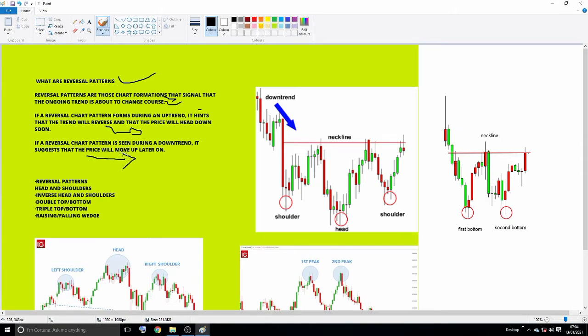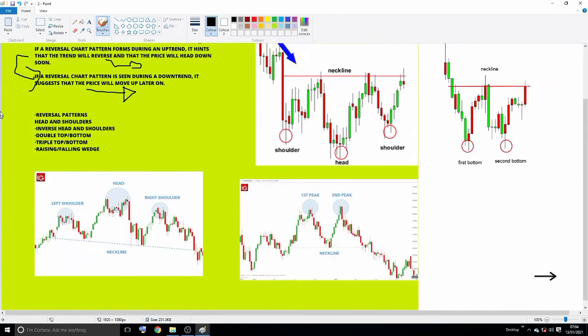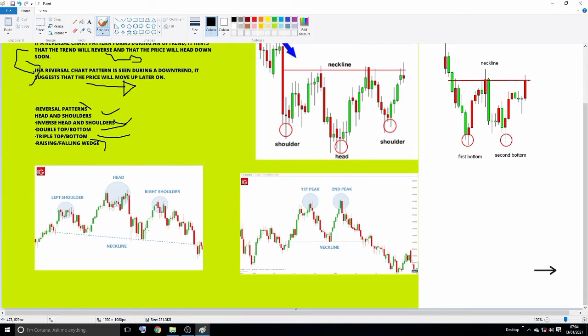It signals that the market is about to start pushing higher. So these are the reversal patterns: head and shoulders, inverse head and shoulders, double top and double bottom, triple top and triple bottom, and rising and falling wedges. These can be recognized as reversal patterns.